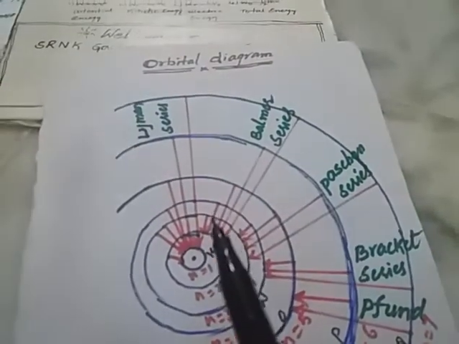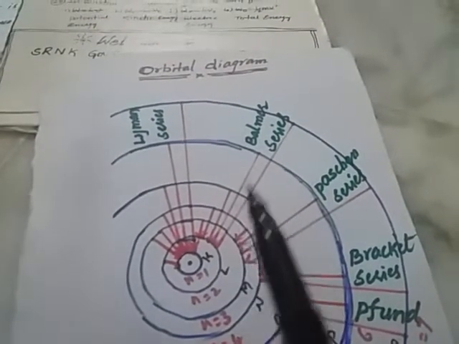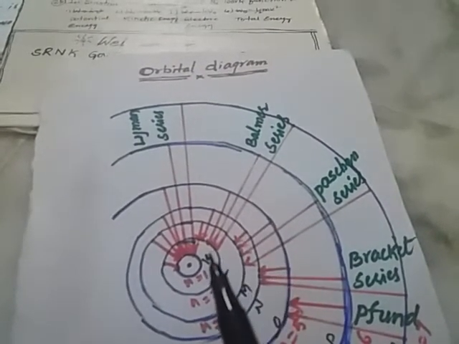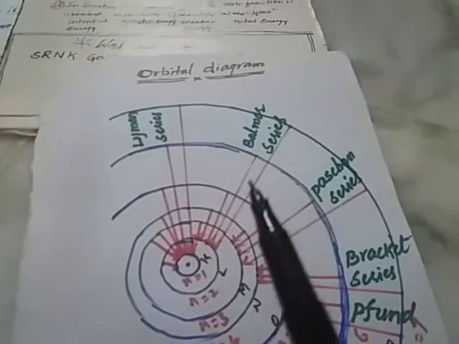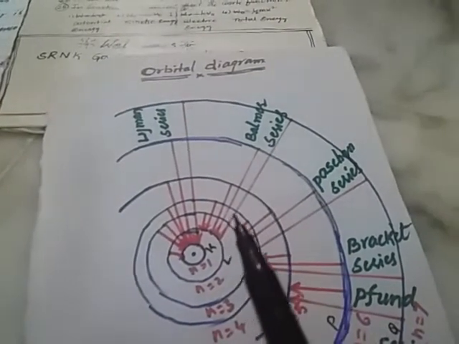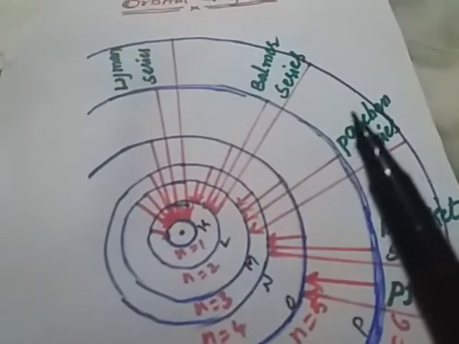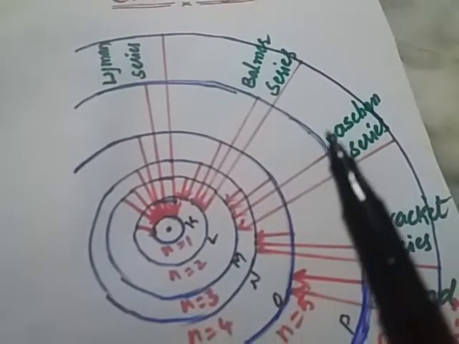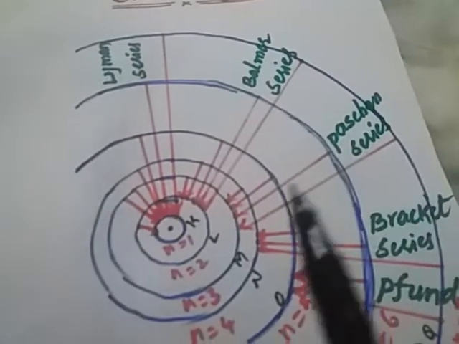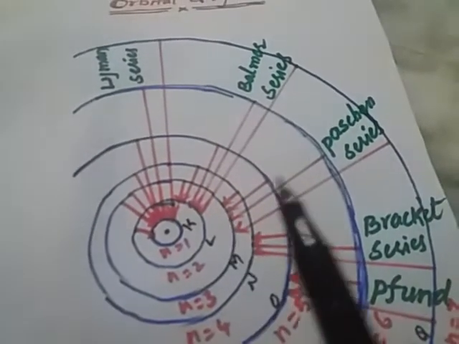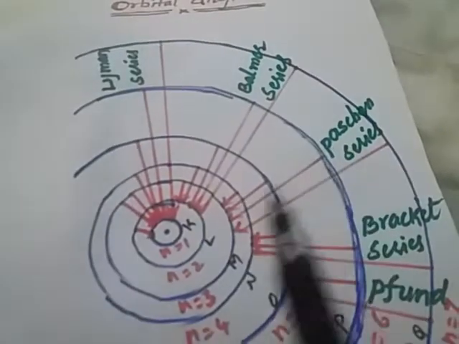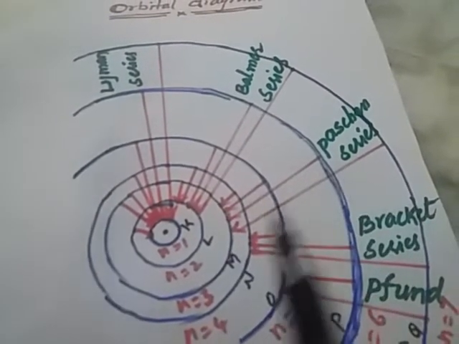Here the vertical lines falling into the second orbit are called the Balmer series. Now, what is meant by the Paschen series? The Paschen series is when an electron jumps from the outer orbits to the third orbit, and these are the spectral lines indicated.